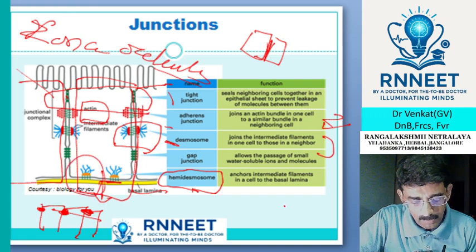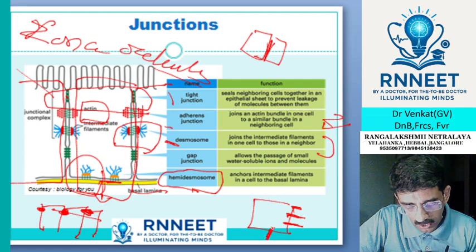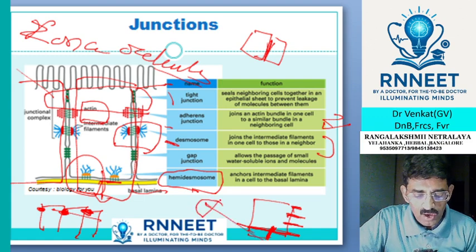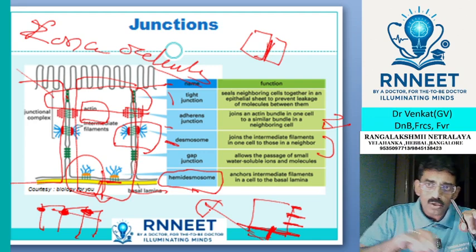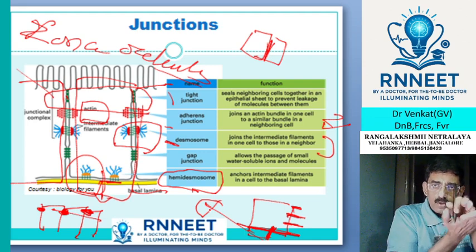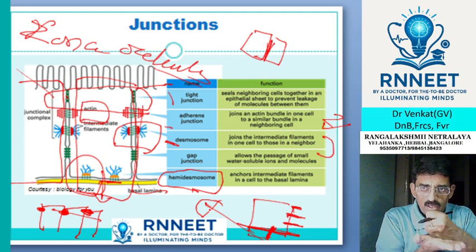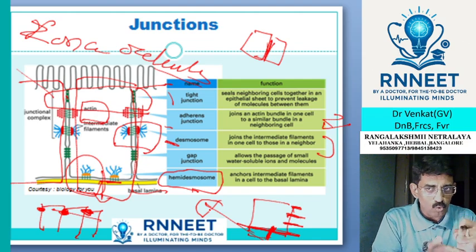Their purpose is to anchor the cell not to the adjoining cell, but to the basement membrane which is at the bottom. So there is one cell here, one cell here, one cell here, stuck to the bottom is the hemidesmosome. So simple.